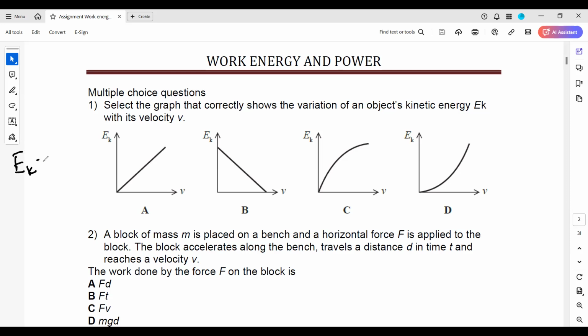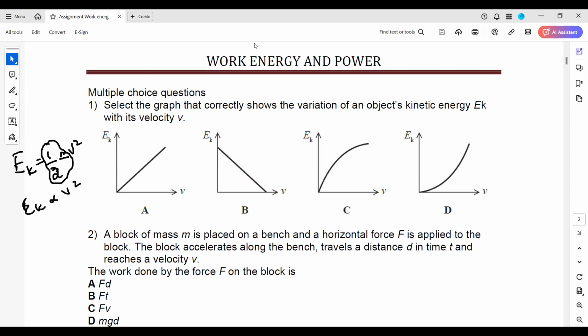So we know kinetic energy is 1 by 2 mv square. Mass is constant, and the 1 by 2 is also constant. So what is the relation between kinetic energy and speed? Kinetic energy is directly proportional to speed square.